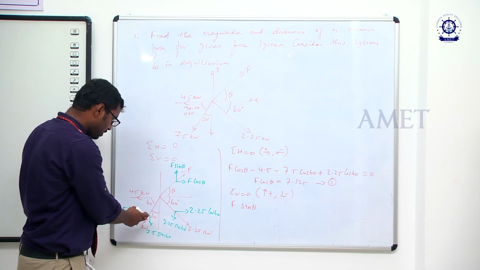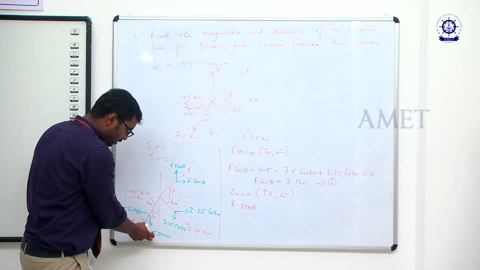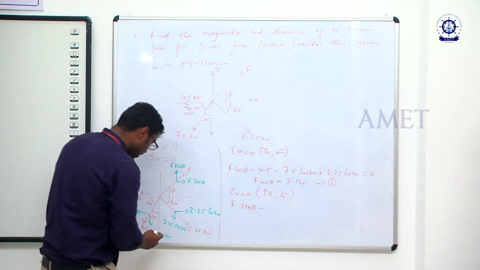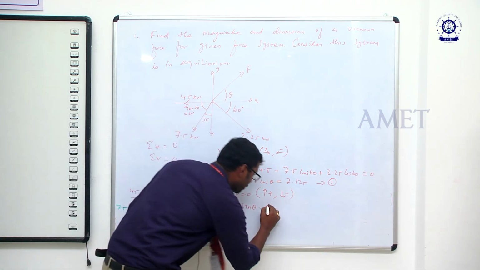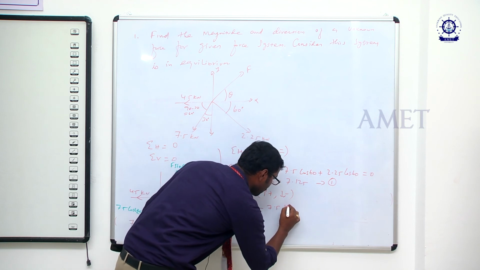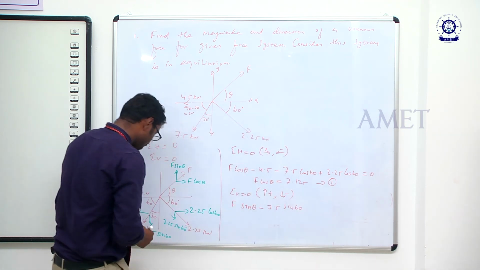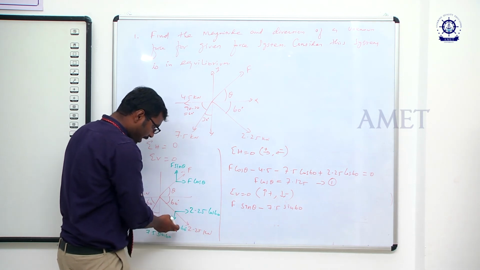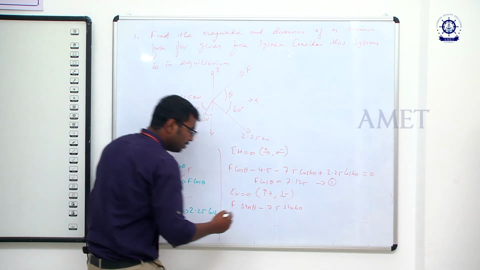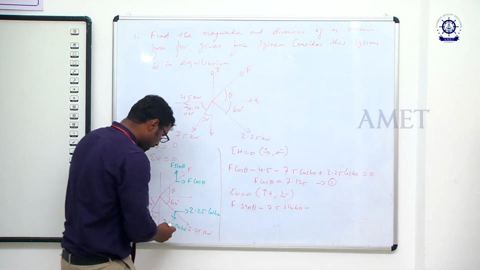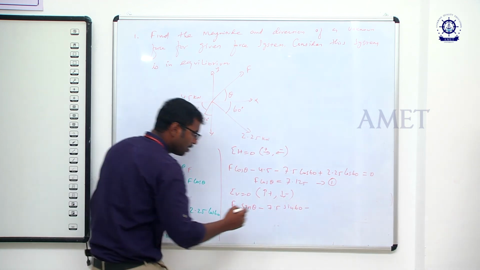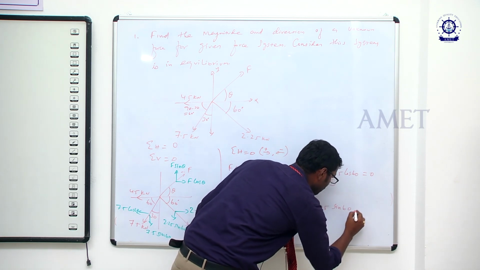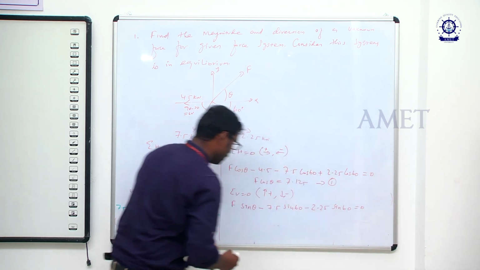Let me go to the third one. This force is acting downwards, so I give a minus sign. The magnitude of this force is 7.5 sin 60. The last one also acts downwards, so I give a minus sign, and the magnitude of this force is 2.25 sin 60, equal to 0.